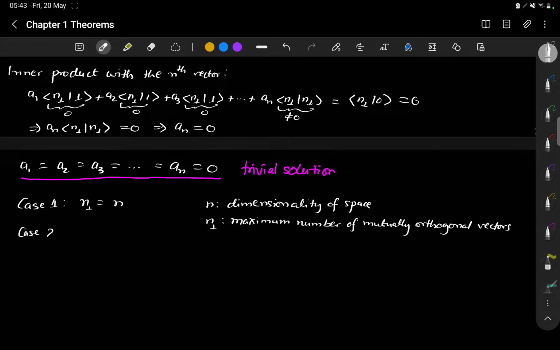Case 2 can be n perpendicular is, let's say, greater than n, and case 3 can be if n perpendicular is less than n. Now we rule out cases 2 and 3 and select only case 1.